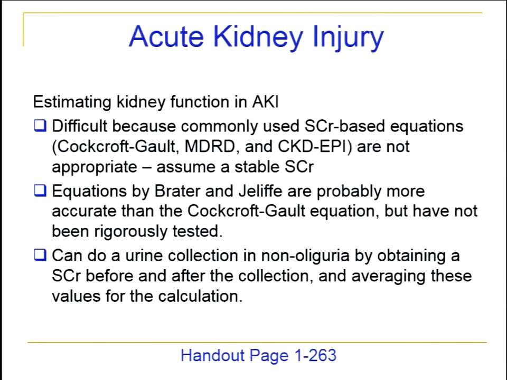There are a few other equations like Brater and Jelliffe that may be a little bit more accurate but aren't well tested. If a patient is non-oliguric, unlike this one, then you can do a timed urine collection and actually measure creatinine clearance, and that may give you something a little bit better. In that case, you would just average the serum creatinines over the urine collection time.